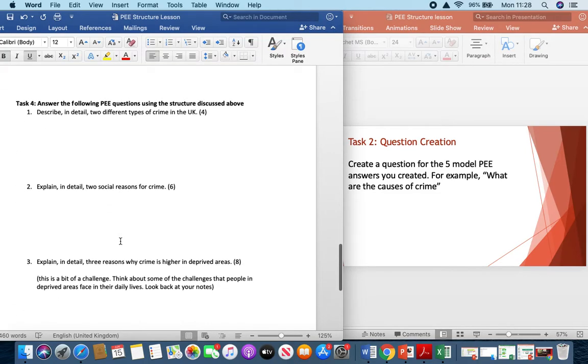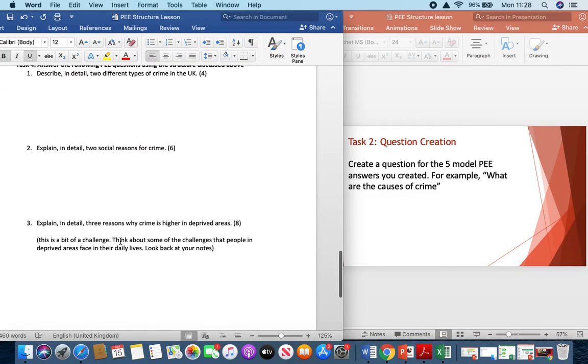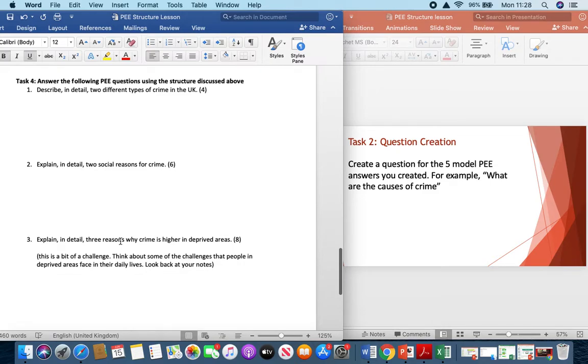All right, and then the last thing I want you to do is answer these 3 PEEs. Now number 3 is a bit tricky. It's a bit of a challenge. It's not really asking about anything specific, but you're going to have to read into the question. For example, here we are: explain in detail 3 reasons why crime is higher in deprived areas.